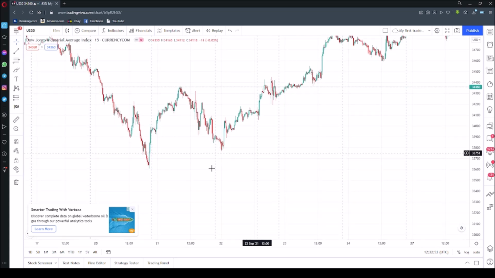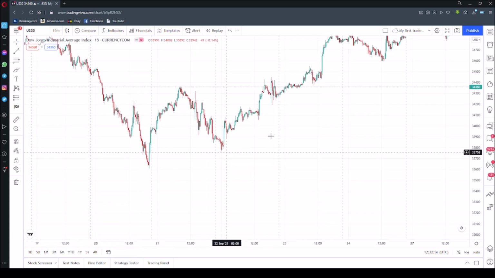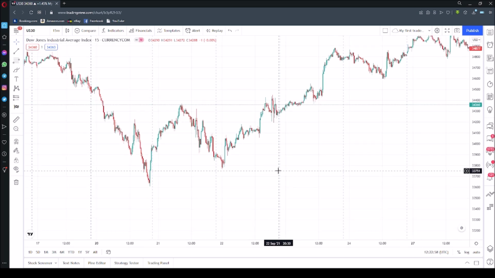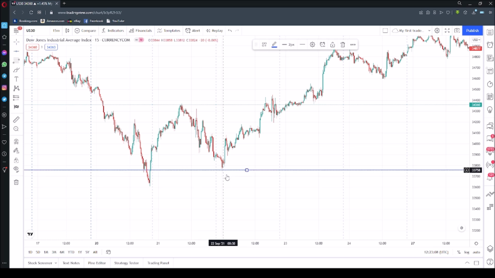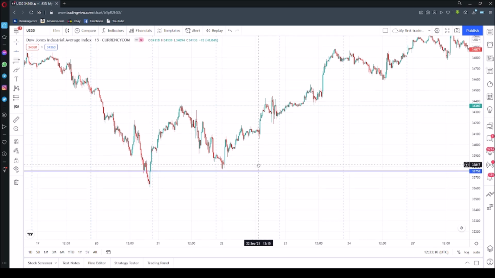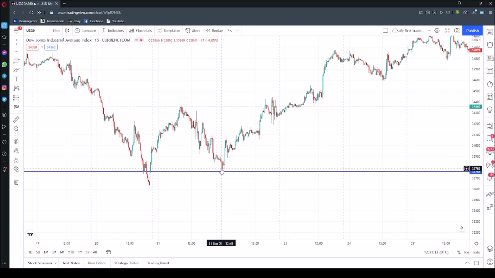So the time frame is going to be M15, and on this point I'm going to just pick this as my lowest starting point. This is going to be my starting point, and from this point we can see that the market went up, right? When it went up, it broke structure of the prior trend.